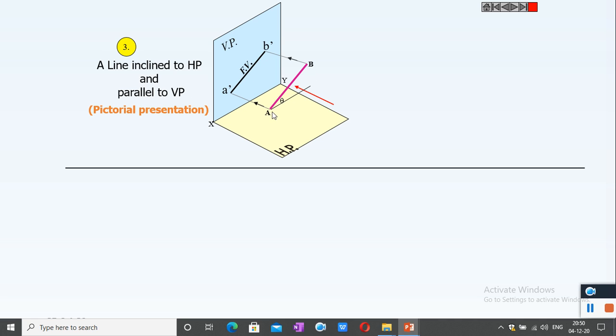And in top view, the line will be seen as a shorter line. In top view, we mark ab like this. So the true length will be seen in the front view only. In top view, we get a reduced dimension as ab. These are the projections. We are drawing these lines.